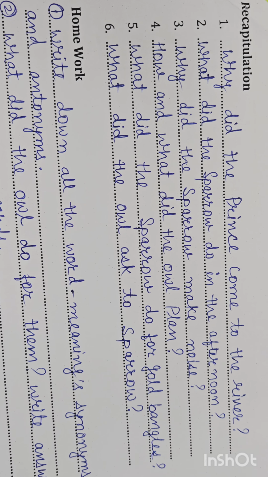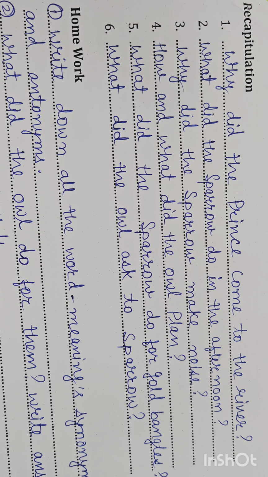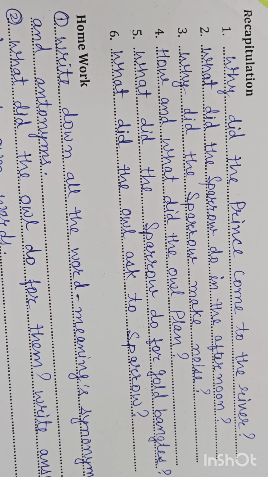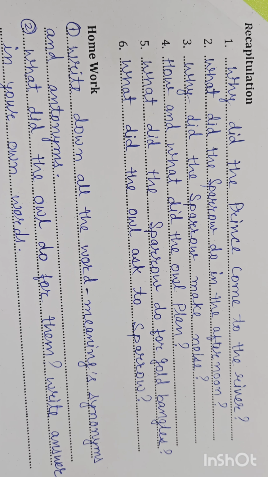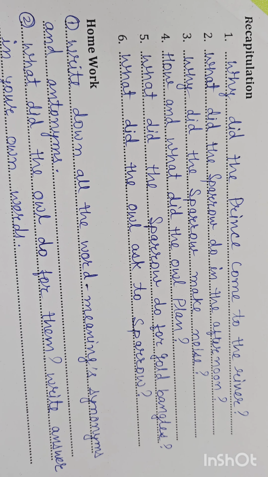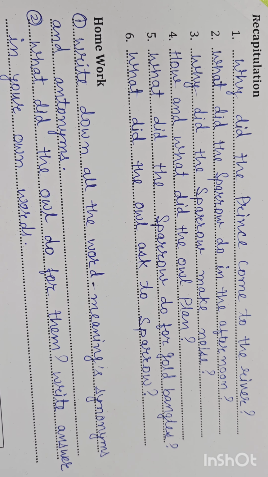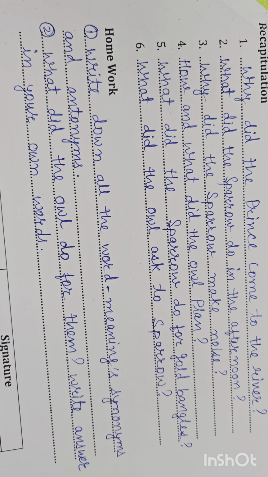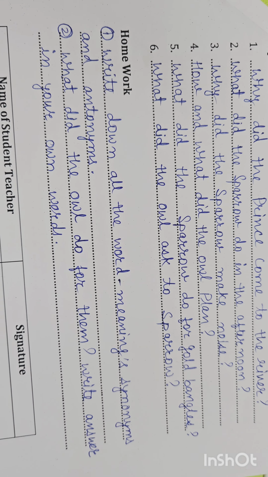You only instructed them to read, not to comprehend, you have not explained this passage. So only from the 4 passages you will frame questions. All the 6 questions are related to the 4 passages whatever the teacher taught in the classroom.